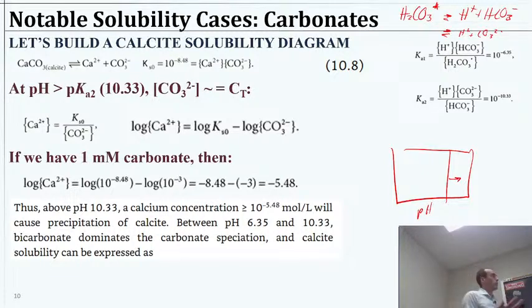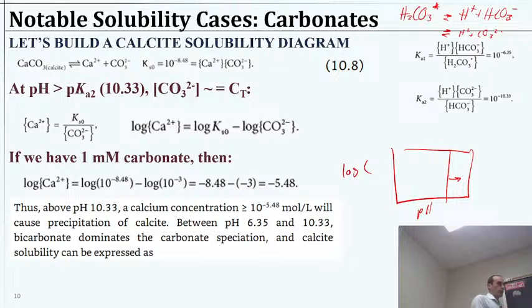Okay, with that assumption, we can say that the calcium should be, we'll just rearrange our solubility product, equal to that product divided by the carbonate. We can take the log of both sides, and we'll do this to get it in a more linear, plottable fashion, because we can then plot the log concentration as the y-axis.